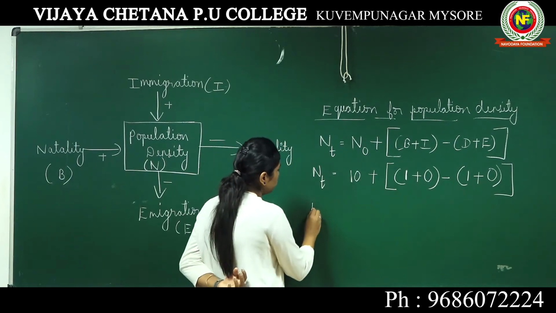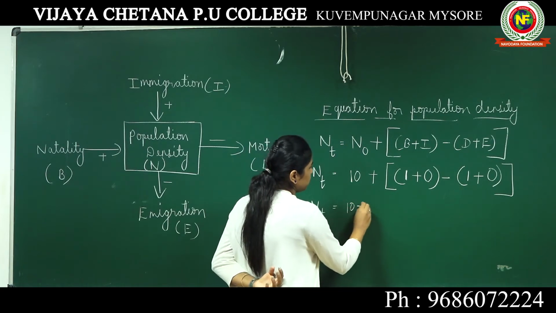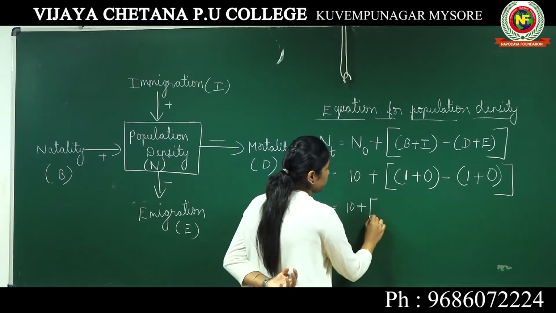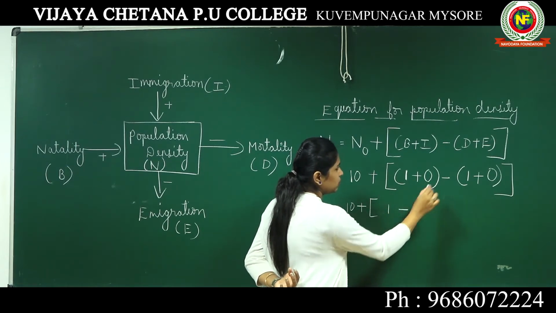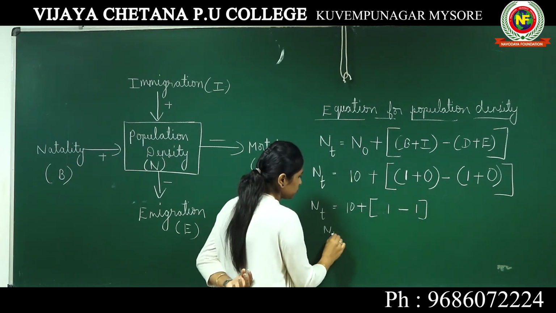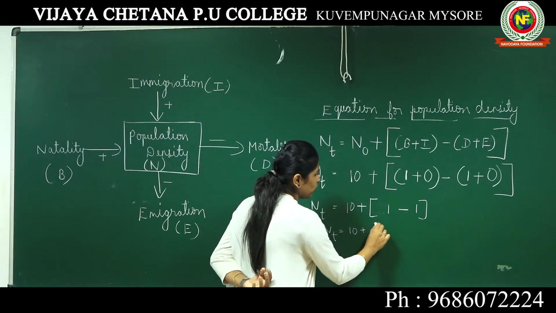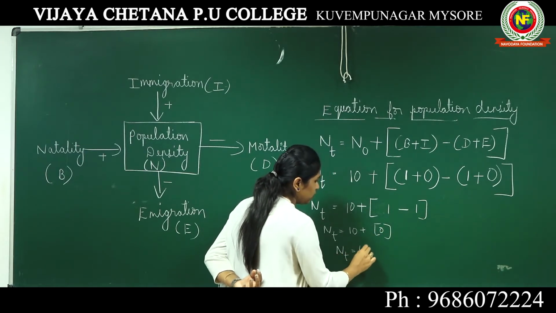Now if you have to count the population density at time t, it becomes 10 plus 1 plus 0, minus 1 plus 0. So 10 plus 1 minus 1 is 10. So NT will be 10.